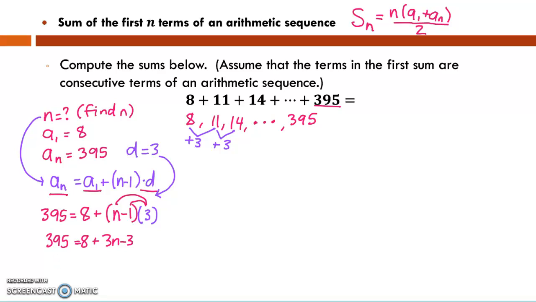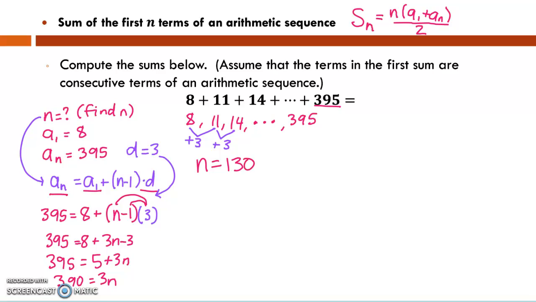Actually, we'll get 395 equals 8 minus 3 is 5 plus 3n. Now subtract 5. Okay. So we'll get 390 equals 3n. And then we'll divide by 3, and we get n equals 130.